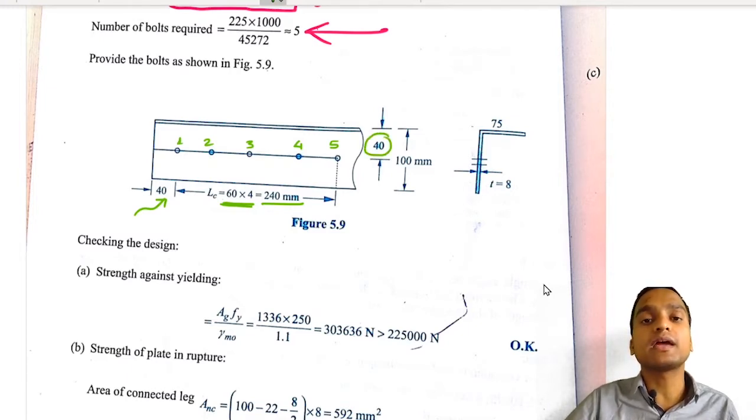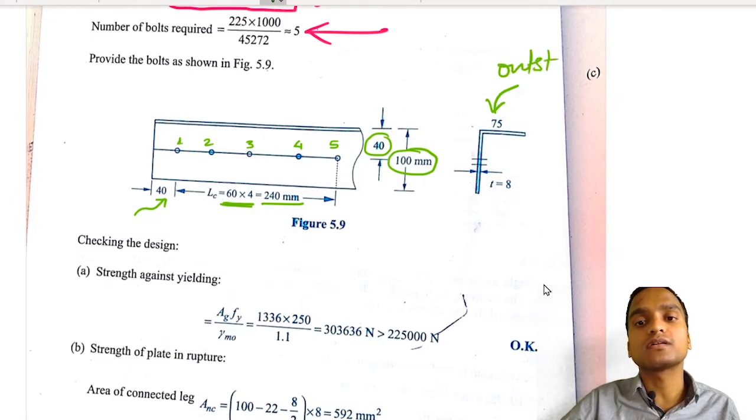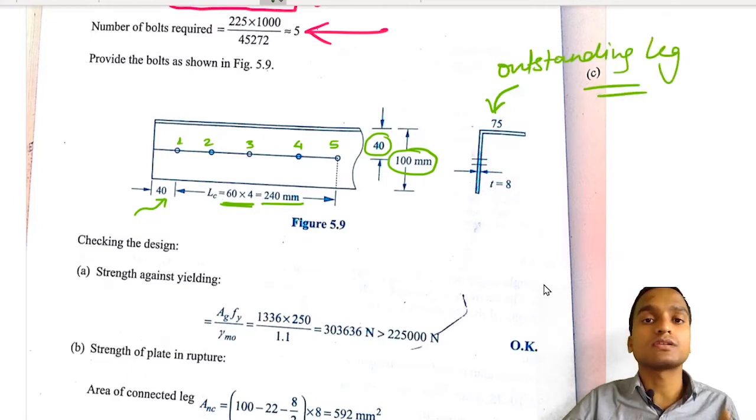The 100 mm leg is connected here, that's why we have made holes in the leg which has a leg length of 100 mm. So the 75 mm leg will become the outstanding leg. This will be helpful in calculation of shear lag width, and thickness of the angle section is 8 mm.